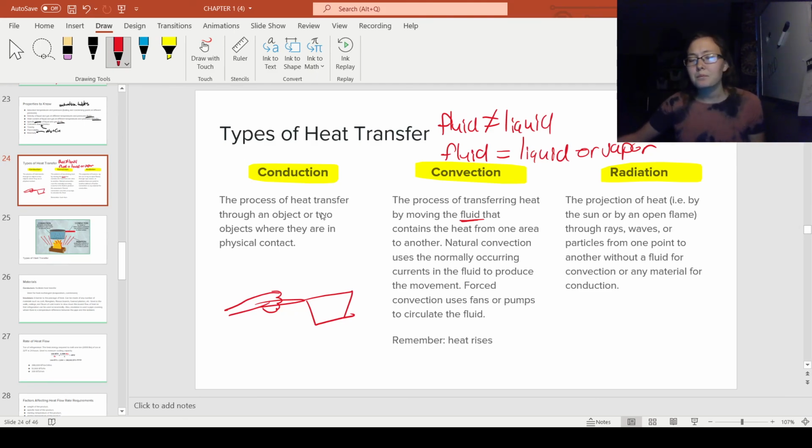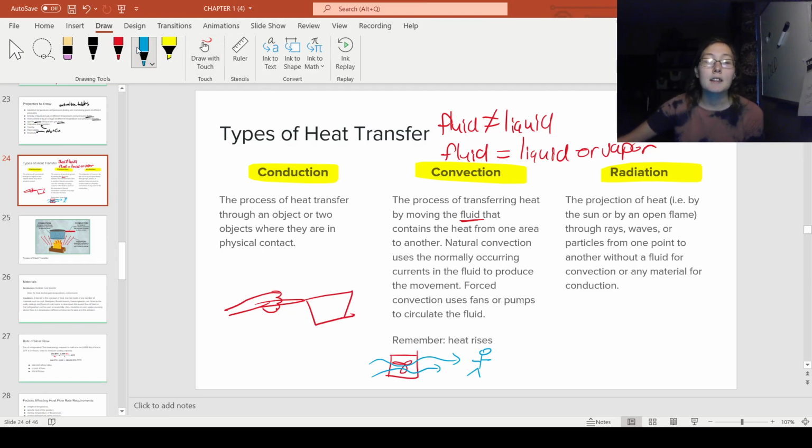Okay, so if you have a fan that is blowing hot air across you, that means that the heat is being transferred by the air.